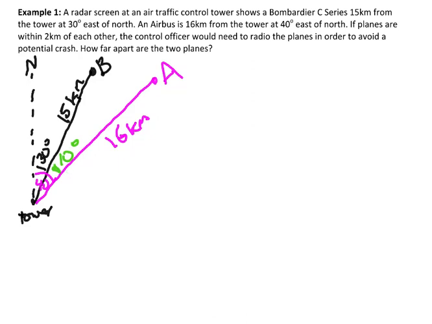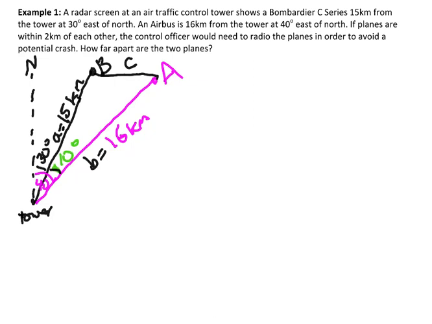So what I have is a triangle where I could call this side maybe C. This angle in here is 10 degrees. This side is 16, maybe I call that side B. This side I could call A, is 15 kilometers. What I'm trying to find out is how far apart the two planes are. So I'm really looking for the length of side C.